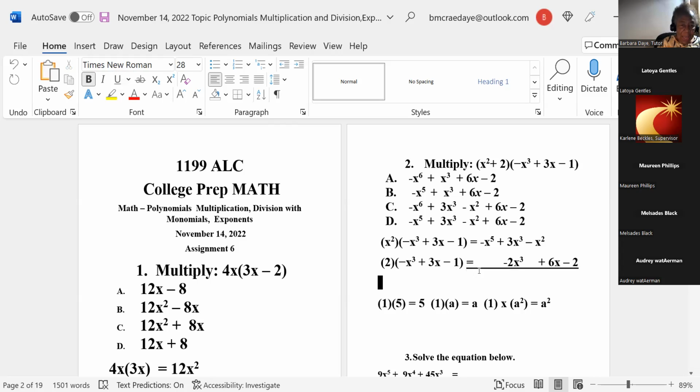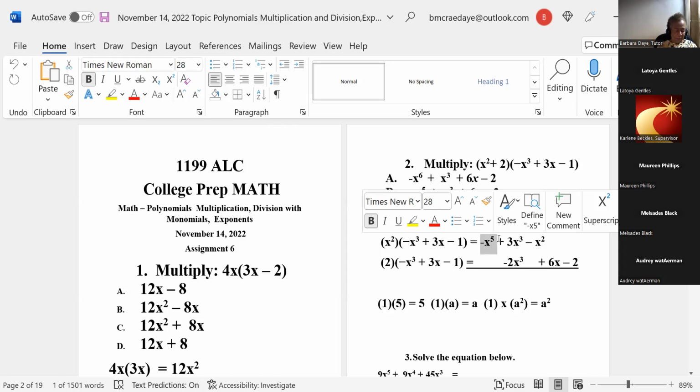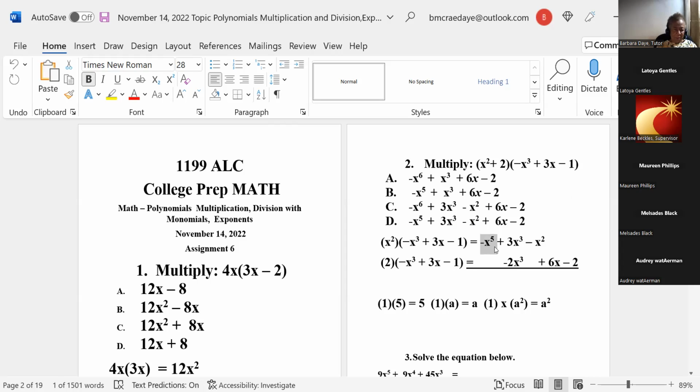In other words, we're adding these. So what do you get? Because the minus x to the fifth has nobody to work with, just bring it down. That's right. So let's just take this minus x to the fifth, because it really just has a 0.